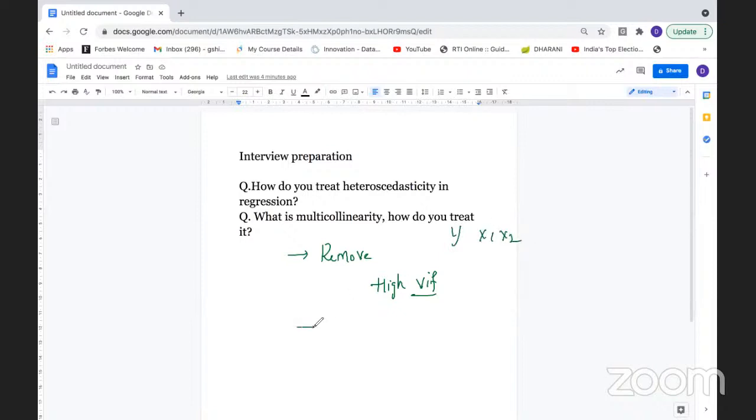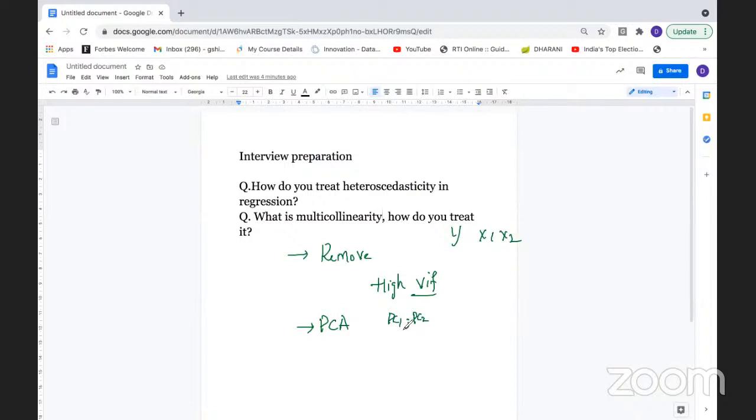Otherwise, we have a very famous algorithm, principal component analysis. We all know that if you apply PCA to the data, it will cut the number of interdependent variables to a smaller set of uncorrelated components. Though your data is correlated, PCs would always remain uncorrelated.